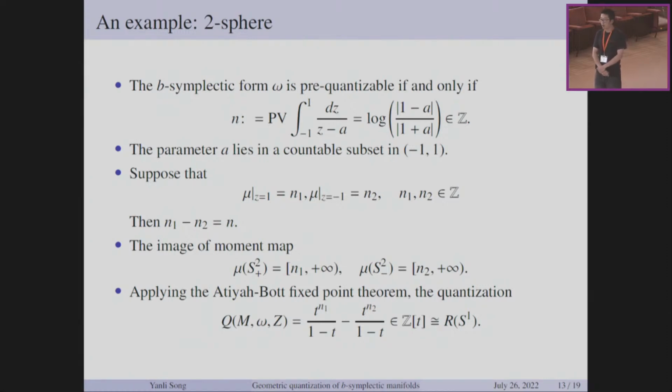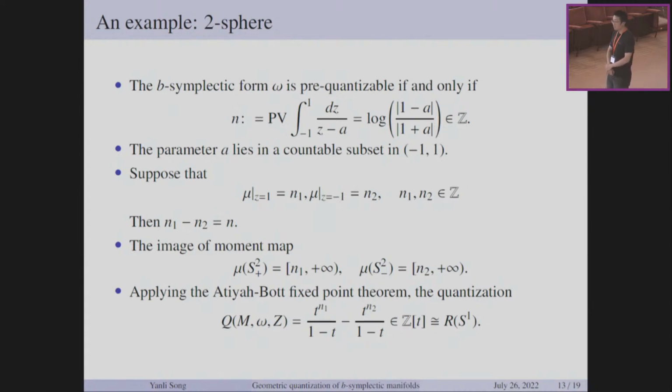Okay, let me make one remark: this formula is different, very different, not slightly different, from the Atiyah-Bott fixed point formula for the regular sphere. The reason is that if you look at the denominator here, this is 1 over t. This is the contribution from the north pole. This is, again, 1 minus t. This is the contribution from the south pole. If you apply Atiyah-Bott to the two-sphere for the original symplectic, not b-symplectic, what you get should be the inverse of 1 minus t.